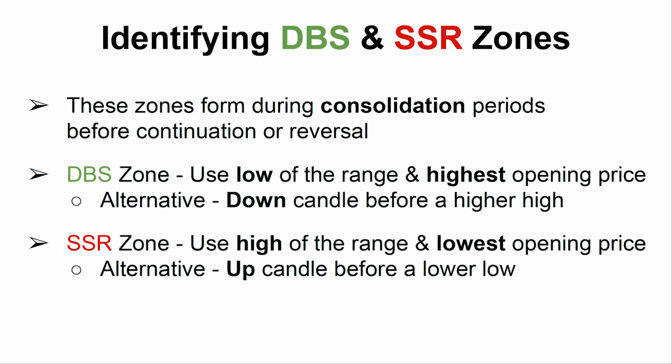On the flip side, an SSR zone will use the high of the range, including wicks, all the way down to the lowest opening price. Alternatively, an SSR zone can be made up of a single significant up candle before a lower low in a downtrend. Now that we have our rules for identification, let's touch on the fundamentals before we move into some examples.